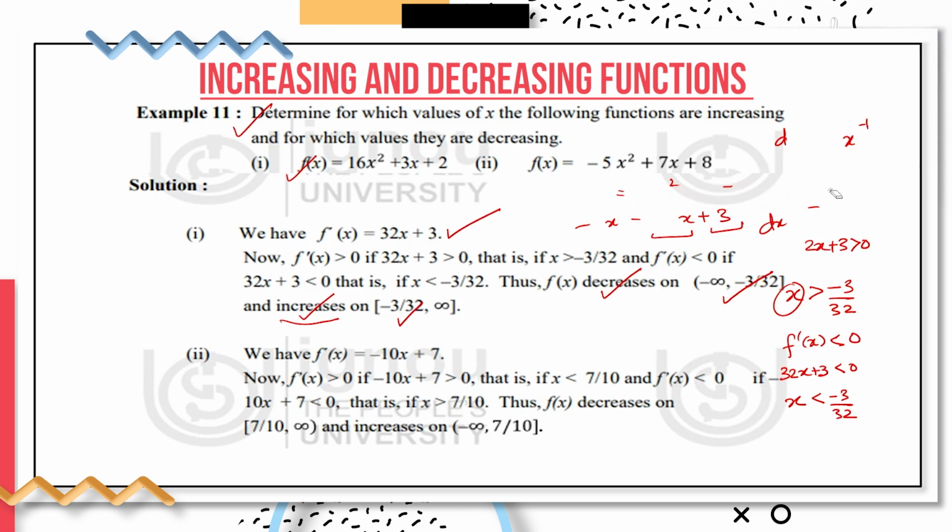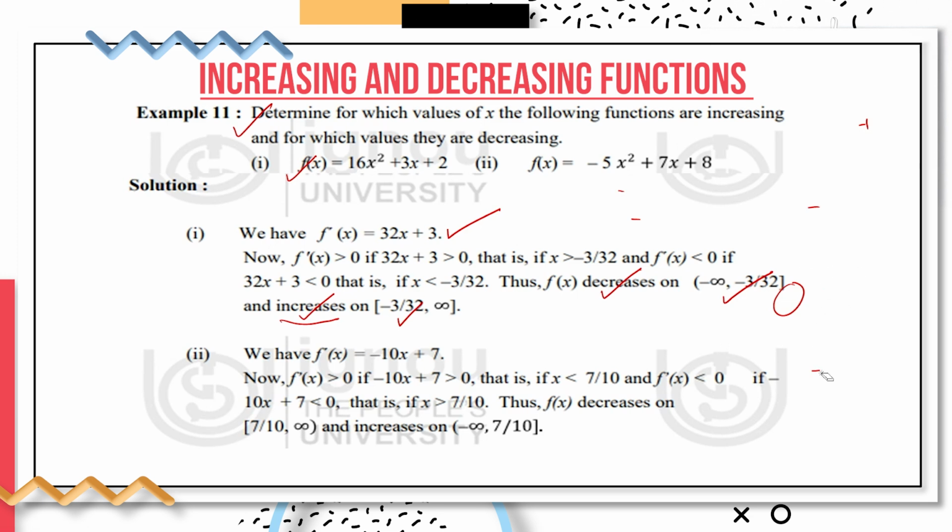Now let's solve the next numerical, wherein the function given to us is f(x) = -5x^2 + 7x + 8. So, we again find the derivative. f'(x) of this expression, that is -5x^2 + 7x + 8, will turn out to be -10x + 7.